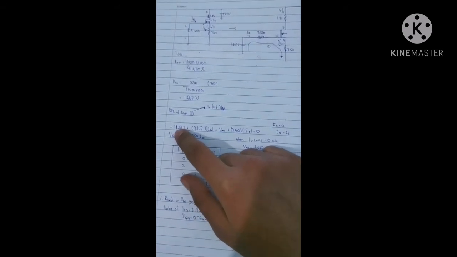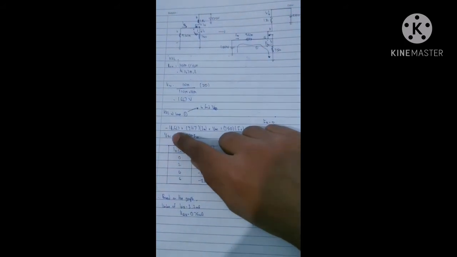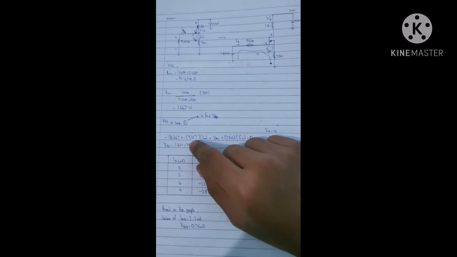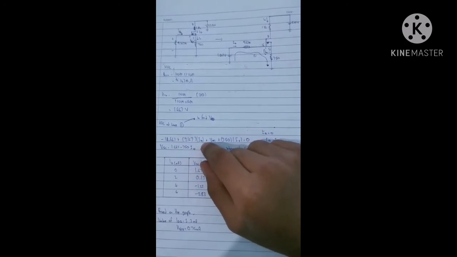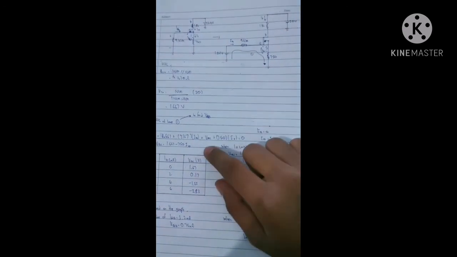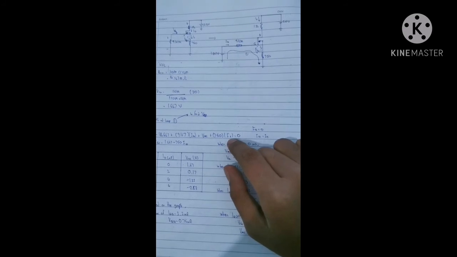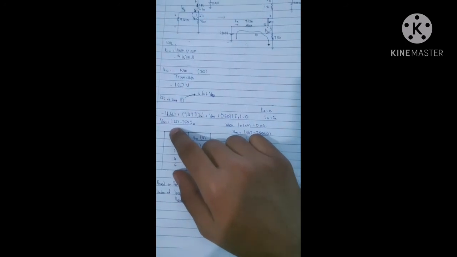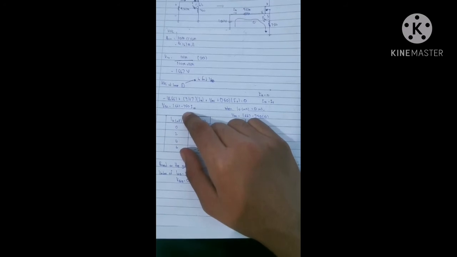So we perform KVL based on this loop: negative 1.667 plus 9.167 mega times IG, plus VGS, plus 750 times IS. After we calculate, we get VGS is equal to 1.667 minus 750 ID.